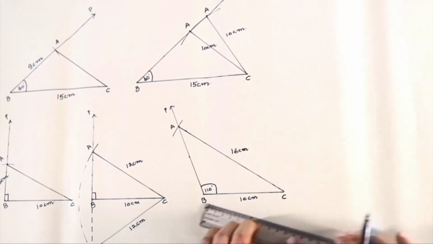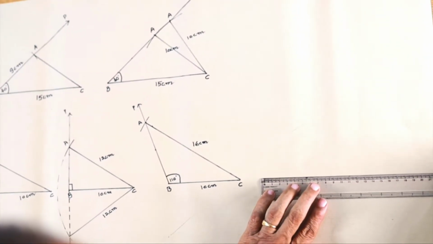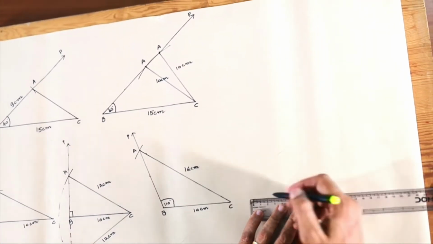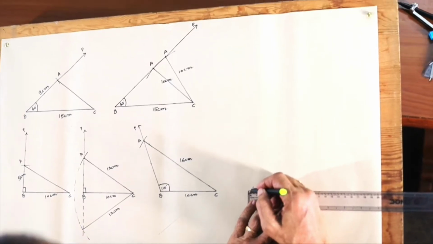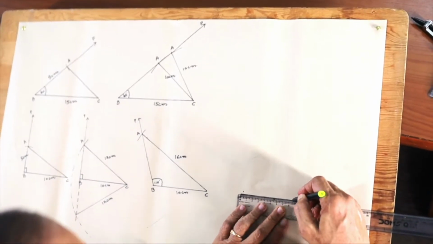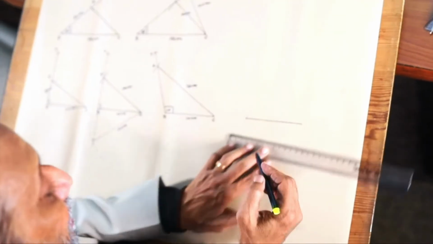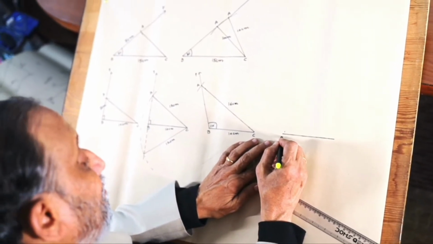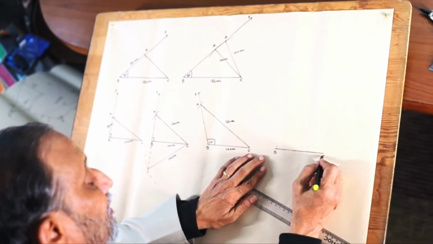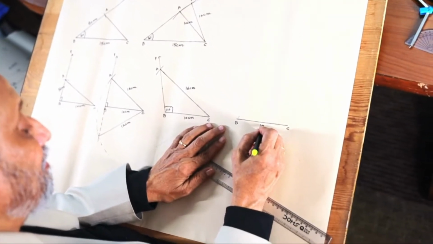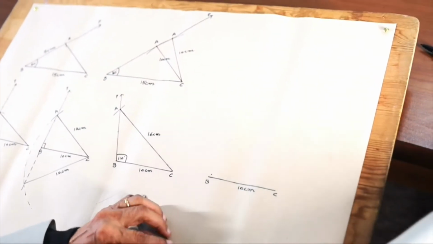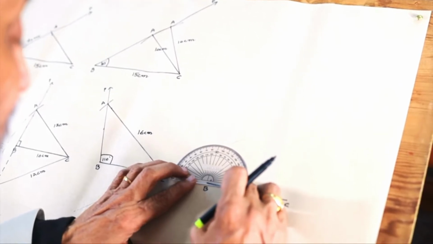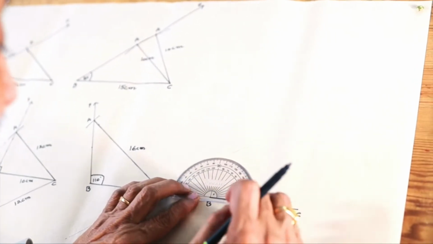Finally, let us draw once again the same obtuse angle triangle, with BC equal to 10 centimeters. This is BC, 10 centimeters. Take an angle of 110 degrees.